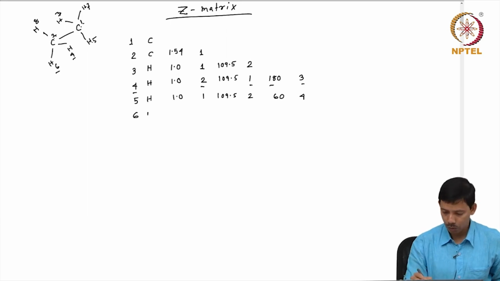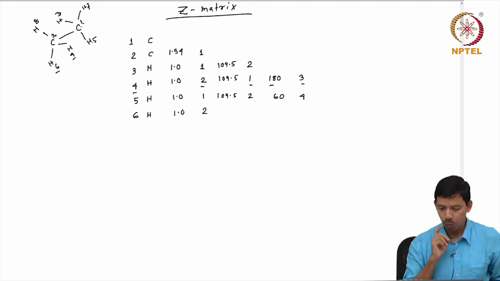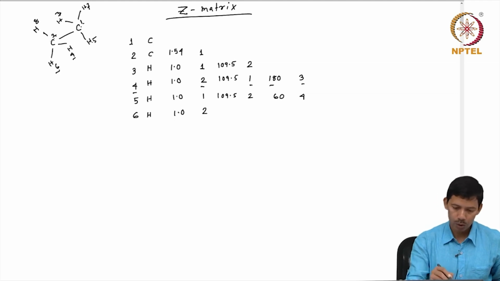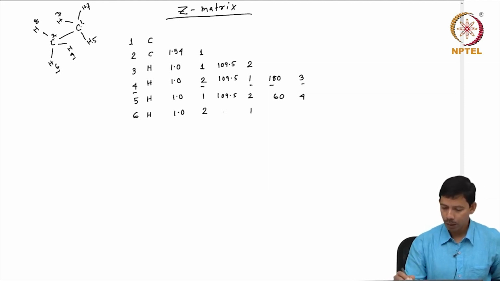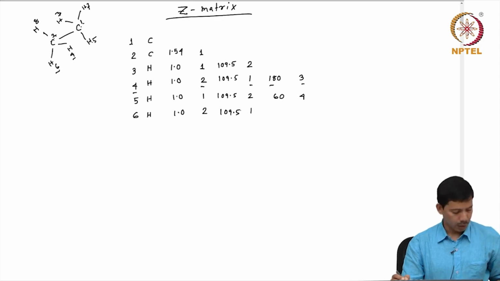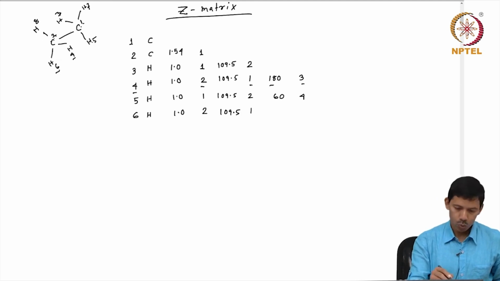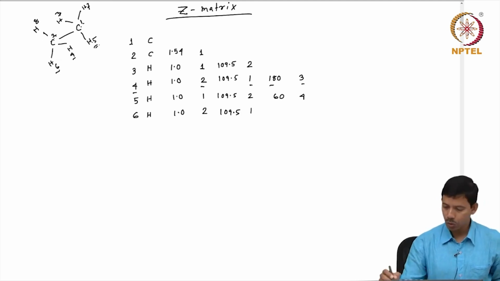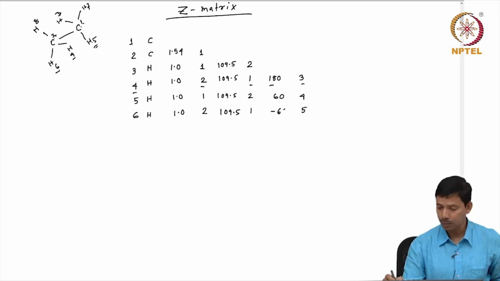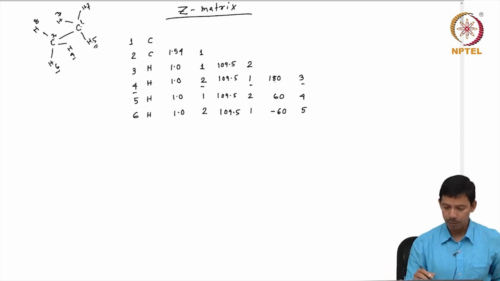So it is also a hydrogen atom, forms a bond with 2, bond distance 1. 6 forms an angle 6, 2, 1, and the angle is again 109.5 degree. And 6 forms a dihedral with 6, 2, 1, 5 of minus 60.